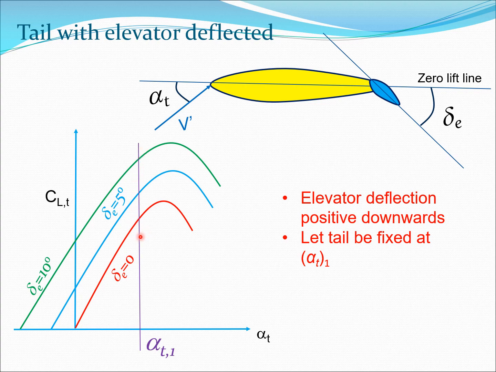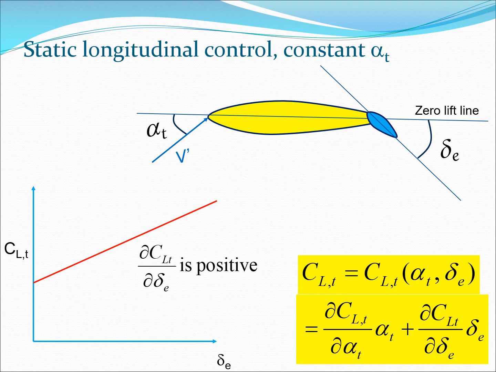So essentially at a general point, I would say CLT would be a function of both alpha t and delta E. So if you were to freeze any of these values, you would get to vary the remaining values. So this essentially lets us immediately write some equations. So we can write CLT is a function of alpha t and delta E, where alpha t is the angle seen by the tail and delta E is the elevator angle. Now, if we were to plot CLT with respect to delta E, we typically get a line like this, and the line like this is such that it goes up.